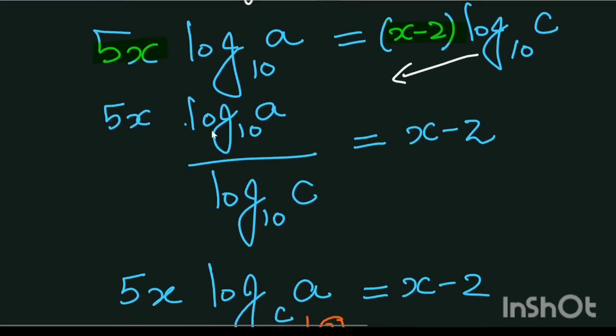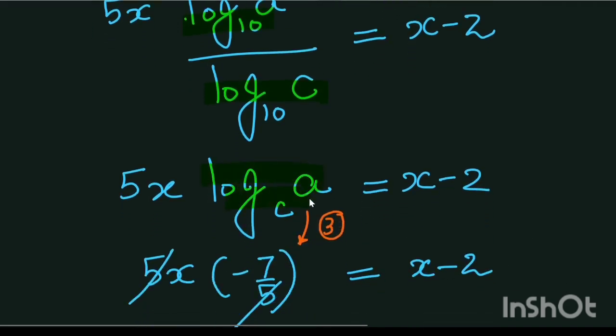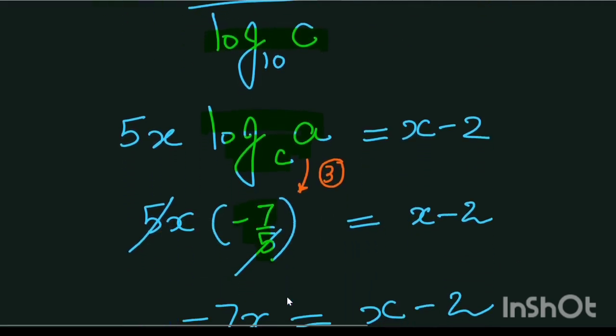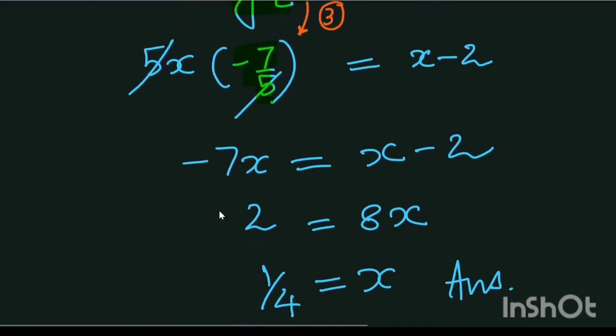So now we will get log a by log c, which is again log a base c from the property. Now from the third equation we will substitute it as minus 7 by 5. So 5 gets cancelled. You will get minus 7x equals x minus 2, and solving this we will get x equals 1 by 4, which is the final answer, guys.